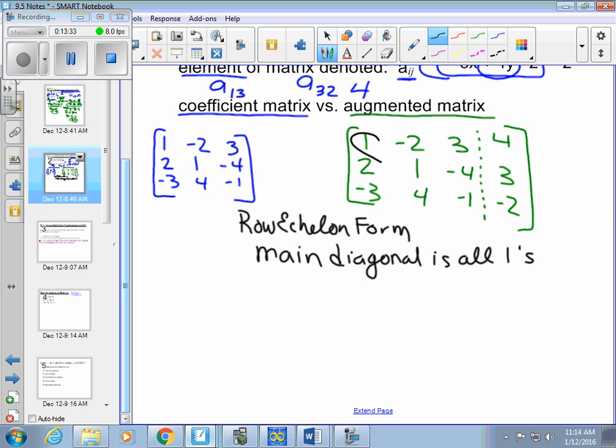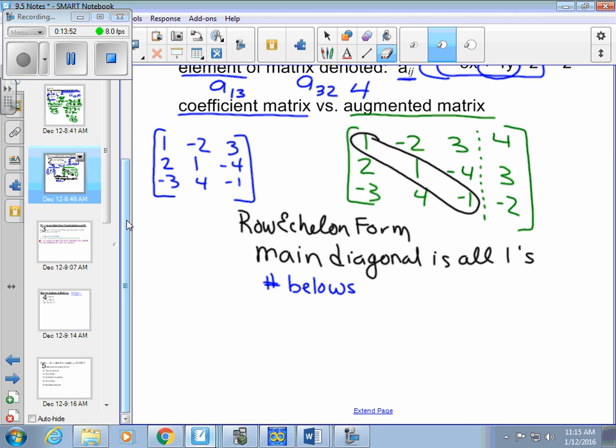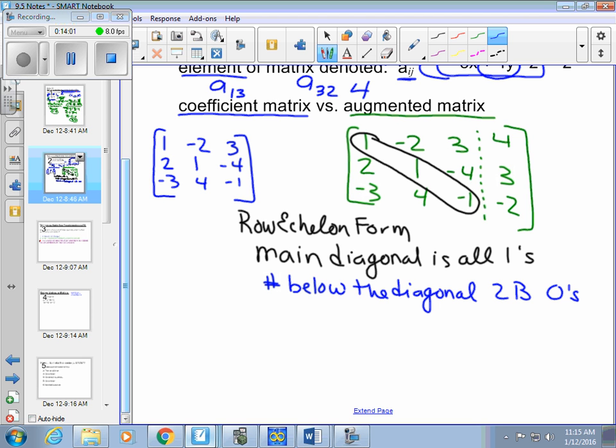So I look at this main diagonal, and my goal for row echelon form is to get all of those to be ones. The second thing with row echelon form is we want the numbers below the diagonal to be zeros. So all of these numbers here we would want to be zeros.